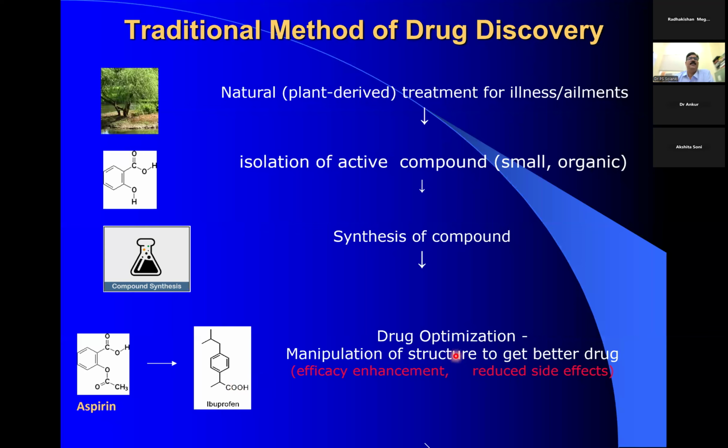So this is our natural way, the conventional method, and these conventional methods are very lengthy. It takes, you know, say 15 to 20 years for a compound to come to a market.